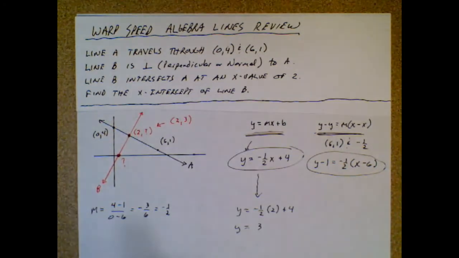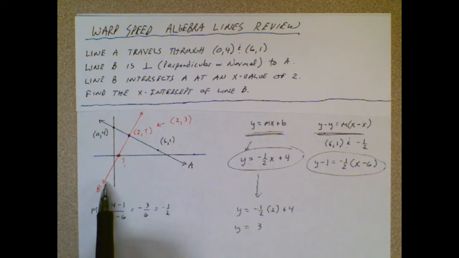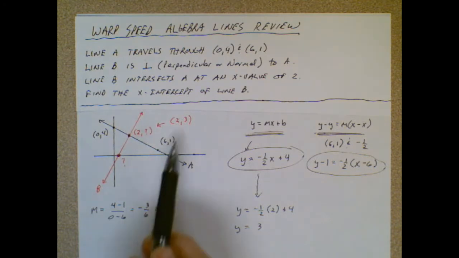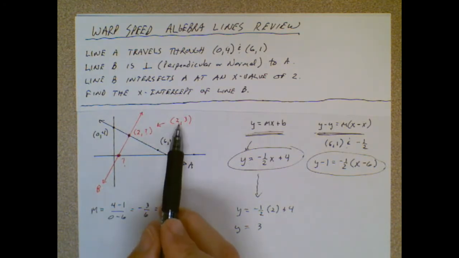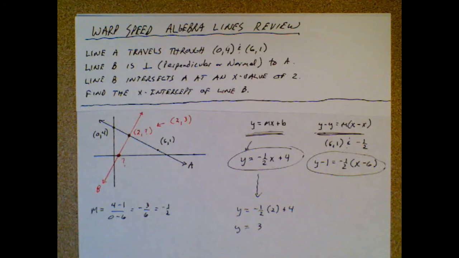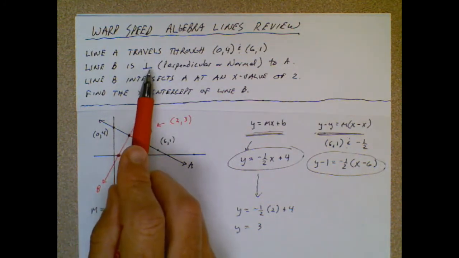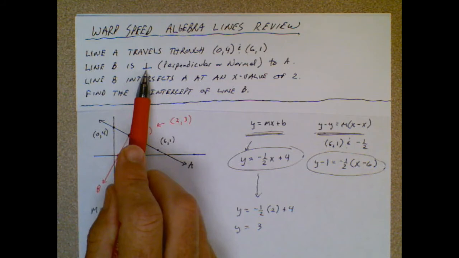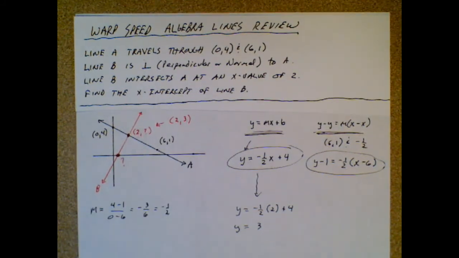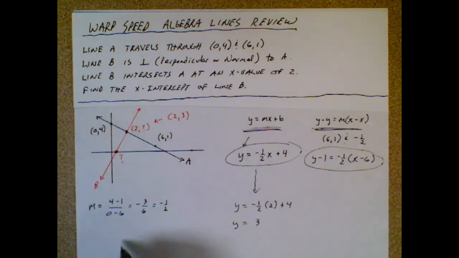All right. Our goal is to start doing some stuff with line B. We now have a point, but we don't necessarily have a slope. However, the thing you learned in algebra, geometry, and Algebra 2 is that when lines are perpendicular, their slopes are opposite reciprocals.